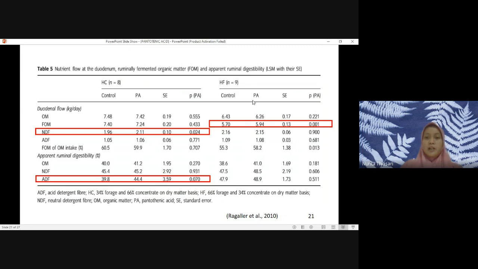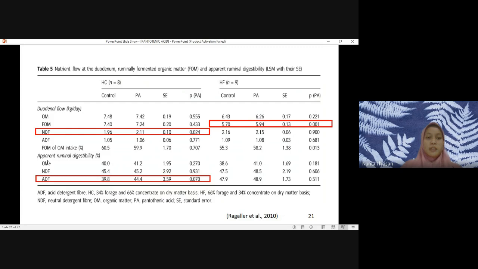But the addition of the pantothenic acid in the high forage diet has a significant effect on the duodenal flow of the fermentable organic matter. So it has a higher value of the fermentable organic matter when the high forage diet gets the supplementation of the pantothenic acid.